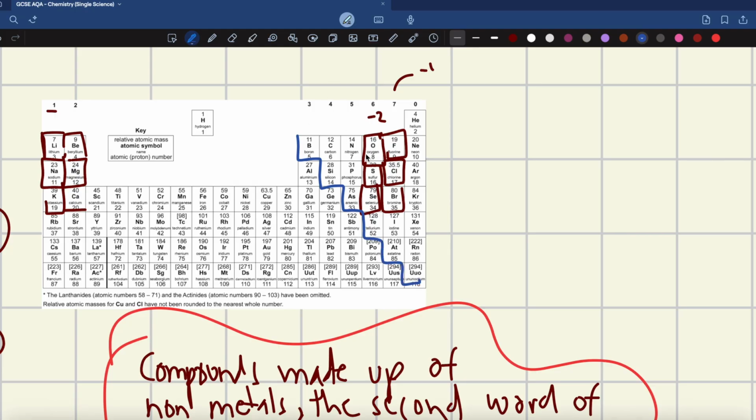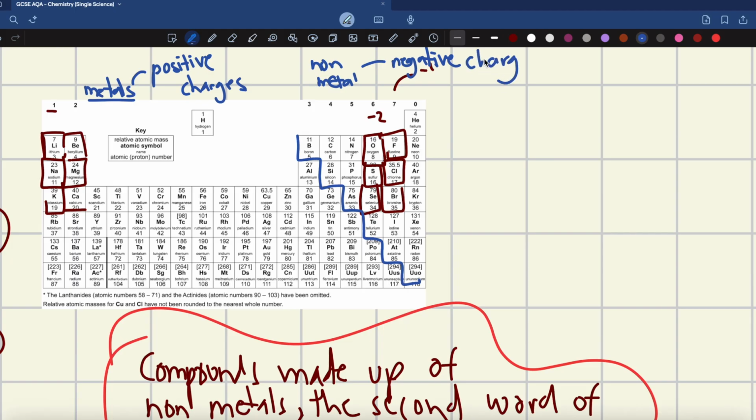All of the elements towards the right of this are non-metals, and all of those towards the left are metals. Metals always form positive charges, and non-metals always form negative charges.